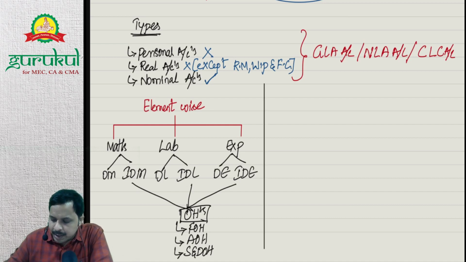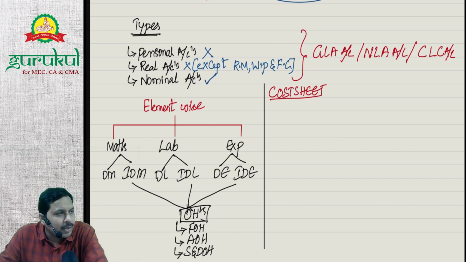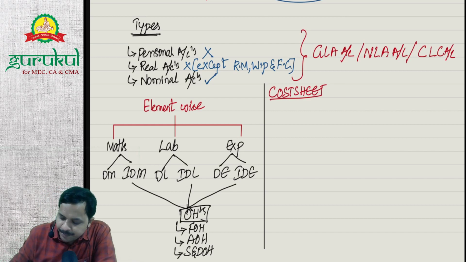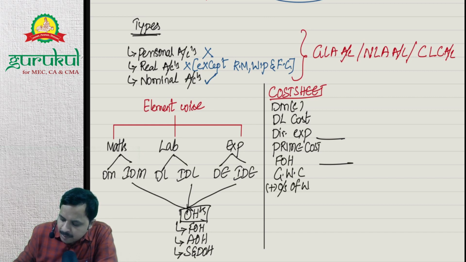So this point you should remember. And one more point you should remember is cost sheet. I hope everyone can recall cost sheet. Yes or not? Okay. Let us write direct materials consumed, direct labor cost, direct expenses. We arrive at prime cost. Factory overheads, plus, minus.